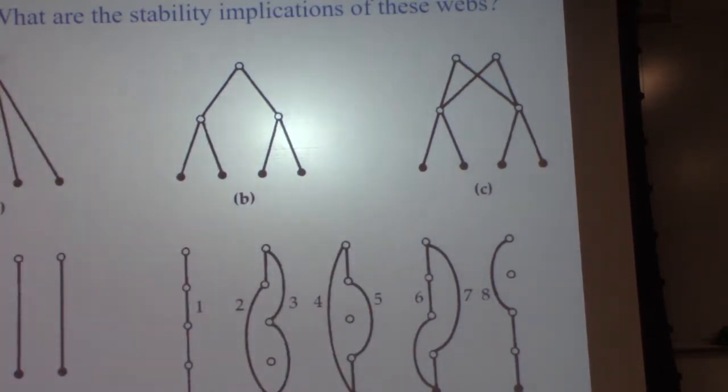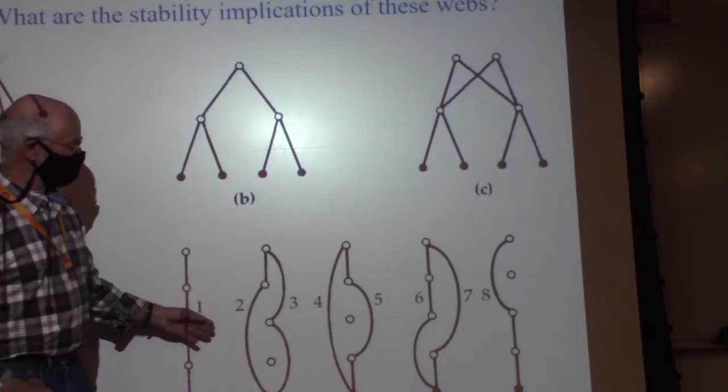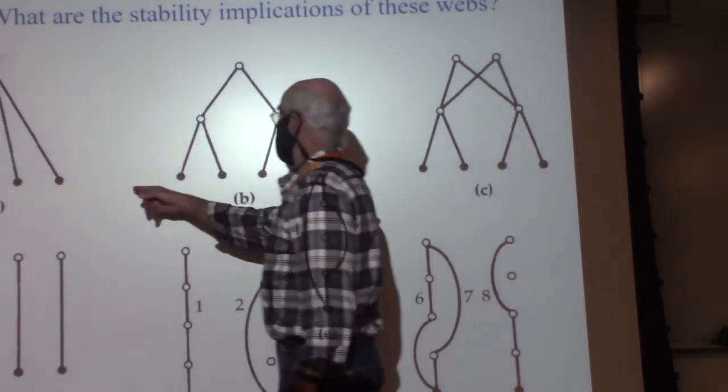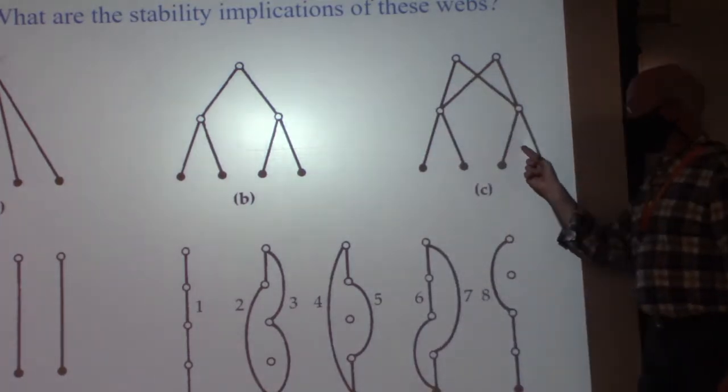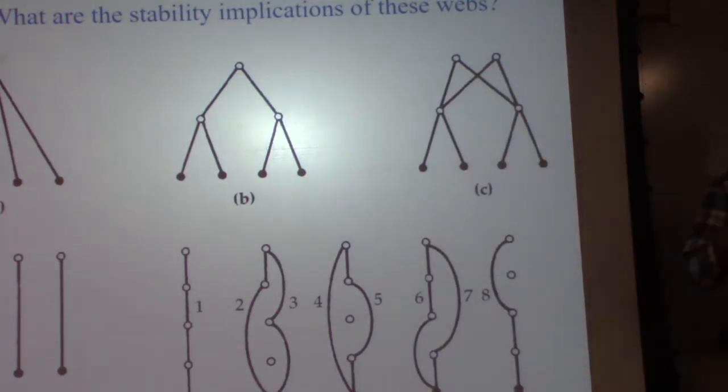This kind of a food system right here is pretty unstable. Okay? This one isn't particularly stable. None of these are particularly stable. As you go from A through C, stability increases. Okay? Increased connectivity results in increased stability of the food web.